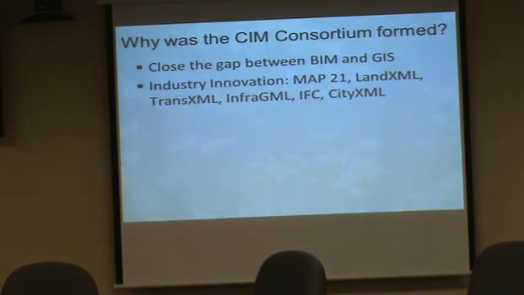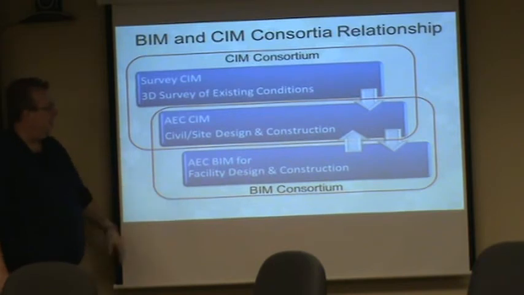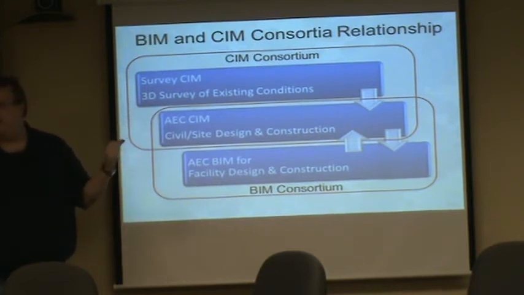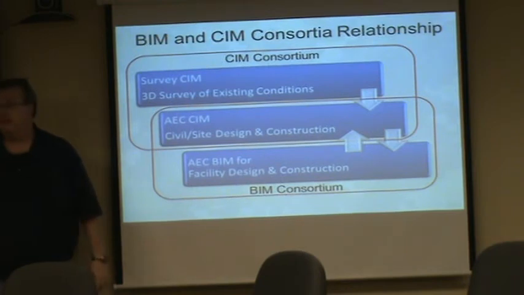If you're into civil engineering, they're using things like LandXML and IFCs and CityXML and Blade Control. So there's a connection here between survey, site, and facility. The SIM consortium deals with the site, basically everything outside the 5-foot line, and the BIM guys deal with everything inside the facility.